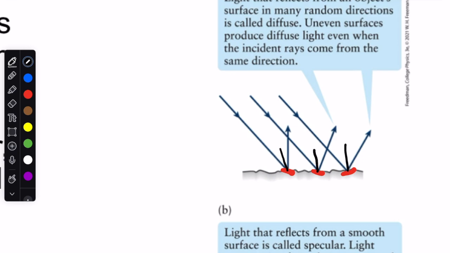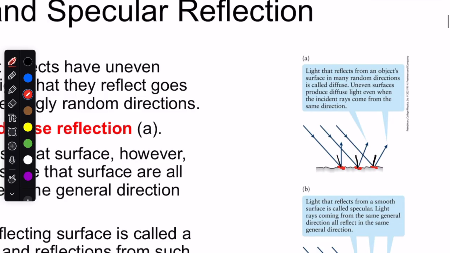So you have slightly different normal vectors. I know these kind of look the same, maybe they're slightly tilted one way or another, right? And so then you're going to get different angles of reflection because of the different surface angles and different normal angles. And then the light ray is going to reflect off in different directions and maybe hit your eye, maybe not hit your eye, or maybe hit your eye in different places and end up looking a little bit blurry, okay?